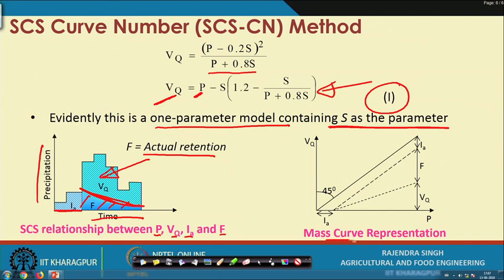The mass curve of the same can be represented here, that P versus V q if we plot, then obviously this is the 45-degree line where P is equal to V q. So from P, I A, F and V q, there are three components. Obviously the V q, which is the surface runoff volume, is only this component, and I A is initial abstraction, F is the actual retention of water in the basin.